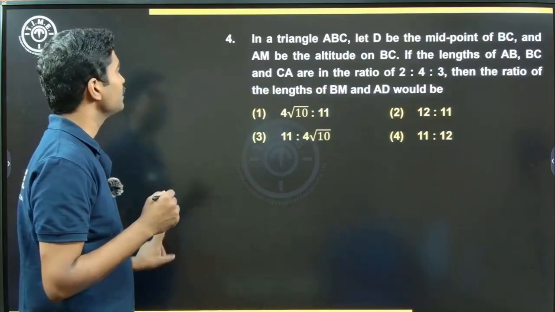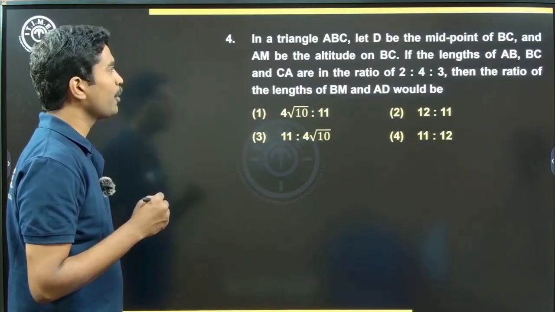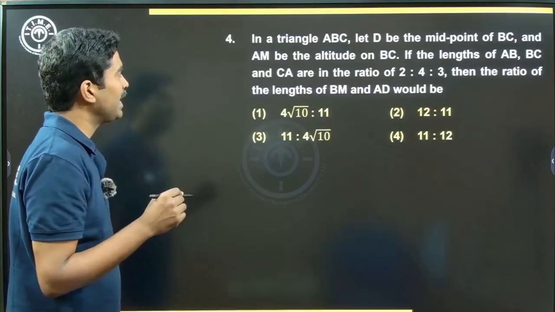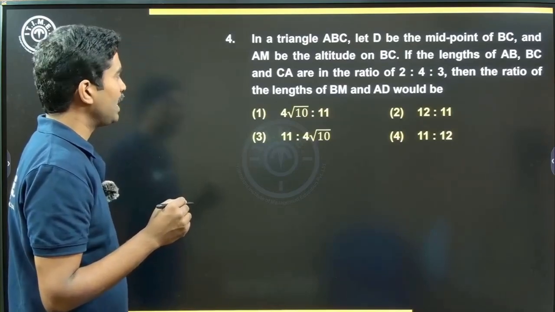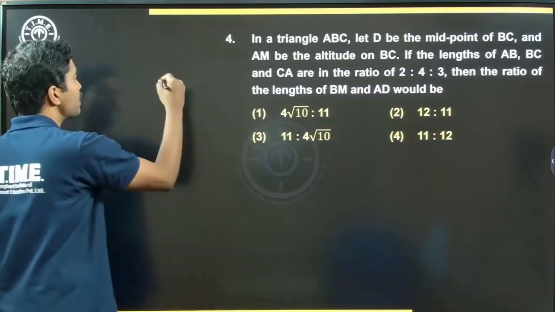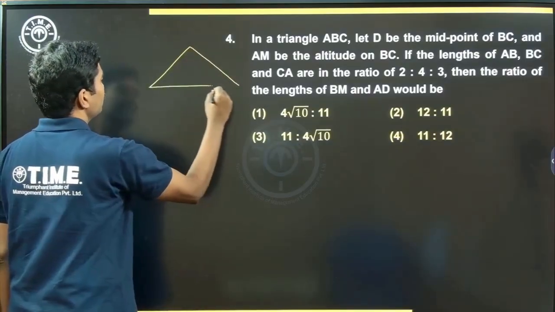Next question. In a triangle ABC, let D be the midpoint of BC. Alright, ABC, D is the midpoint of BC, and AM is the altitude on BC. If the lengths of AB, BC and AC are in the ratio 2:4:3, we have something like this.